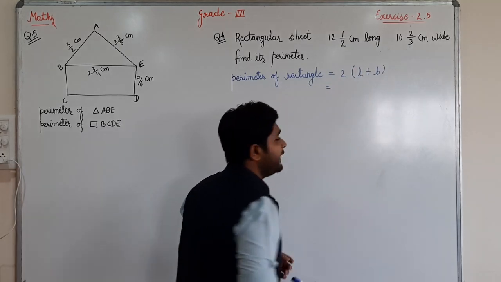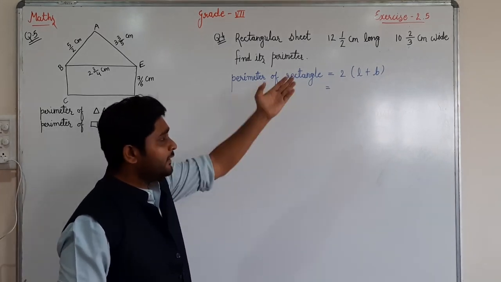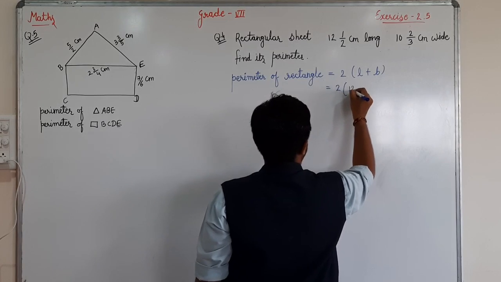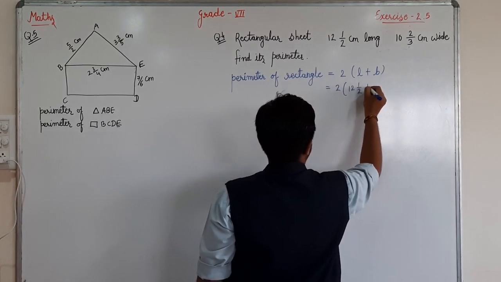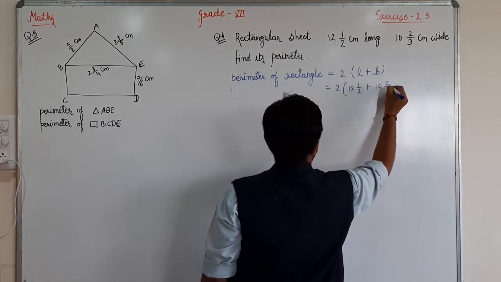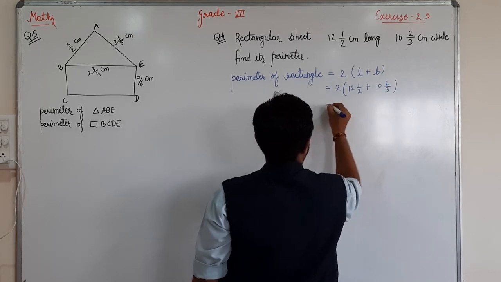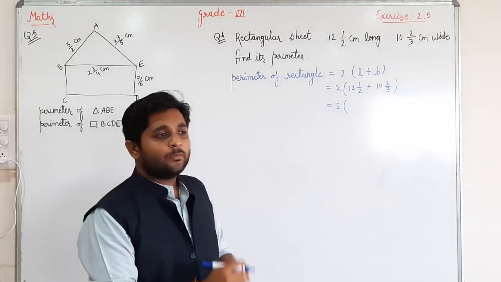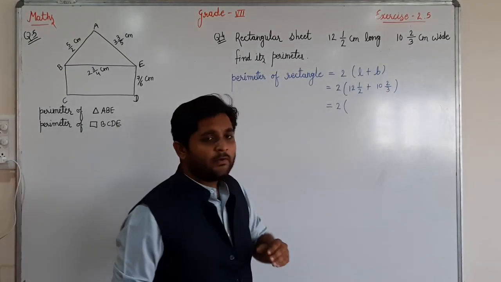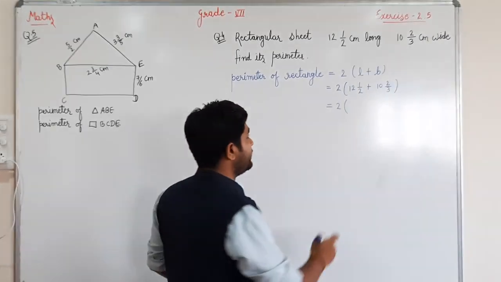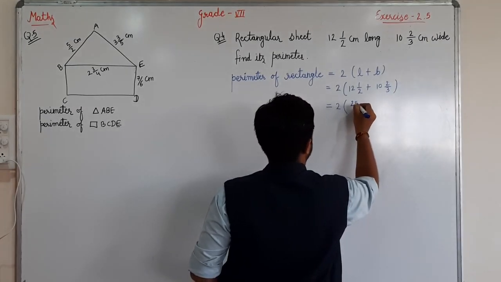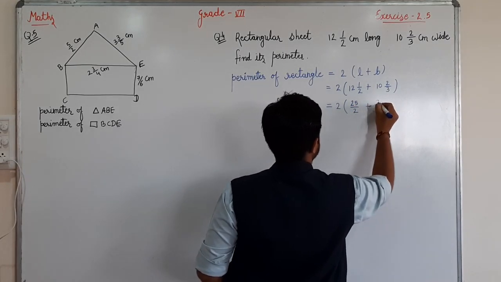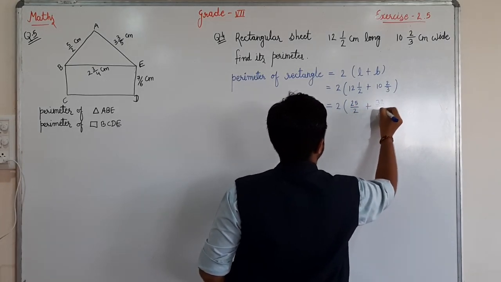In place of L and B, we can write down the given values. So let me convert the mixed fractions to improper fractions. 12 times 2 is 24, 24 plus 1 is 25, so it's 25 upon 2, plus 10 times 3 is 30, 30 plus 2 is 32 upon 3.